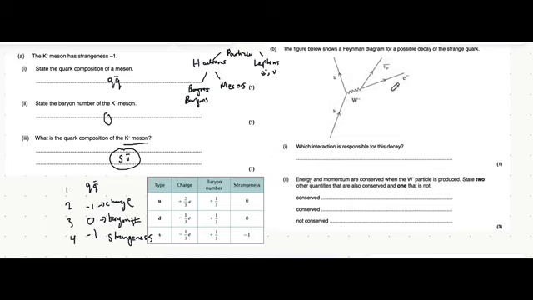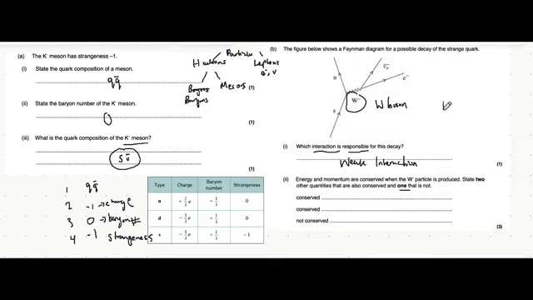Now, the interaction responsible, straight away you can look at the exchange particle. It's a W boson, and that's the exchange particle for the weak interaction, or the weak nuclear force. Now, energy and momentum are always conserved in all types of interactions. It's asking what other 2 quantities are conserved and one that is not.